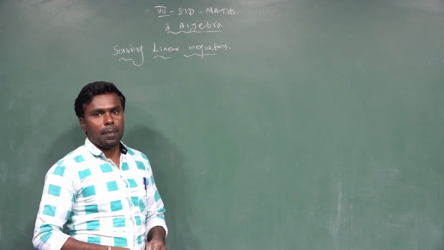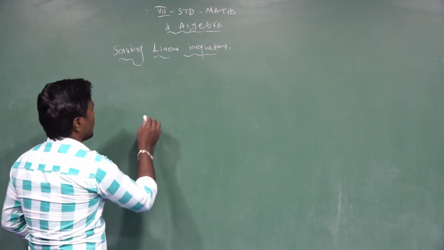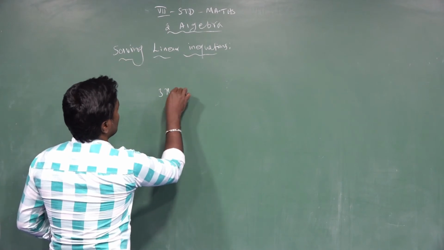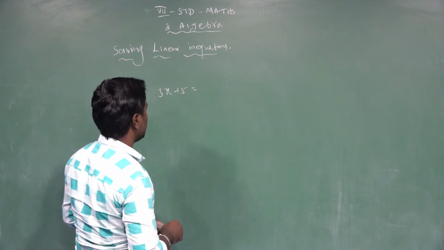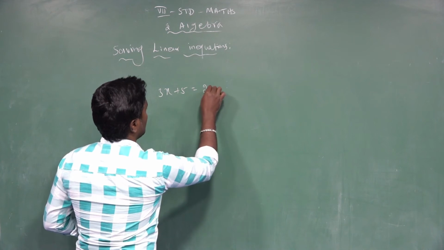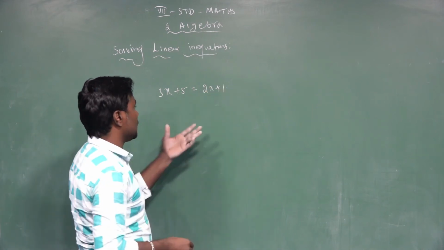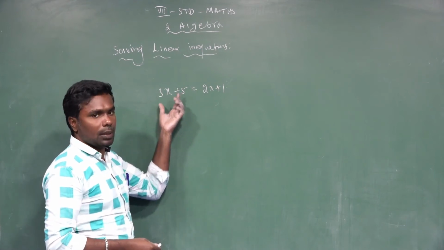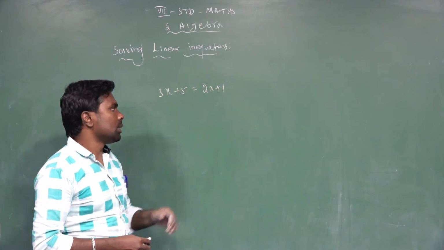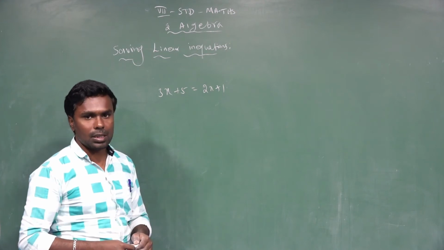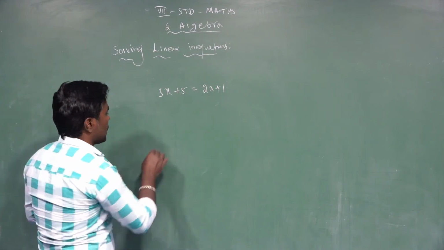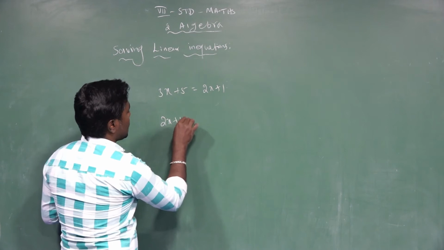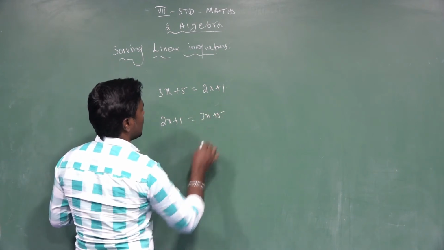And third one, for example, 3x plus 5 equal to 2x plus 1. This is the equation. When we interchange the expression on the left hand side and the right hand side, it does not make any changes. For example, we can write 2x plus 1 equal to 3x plus 5.